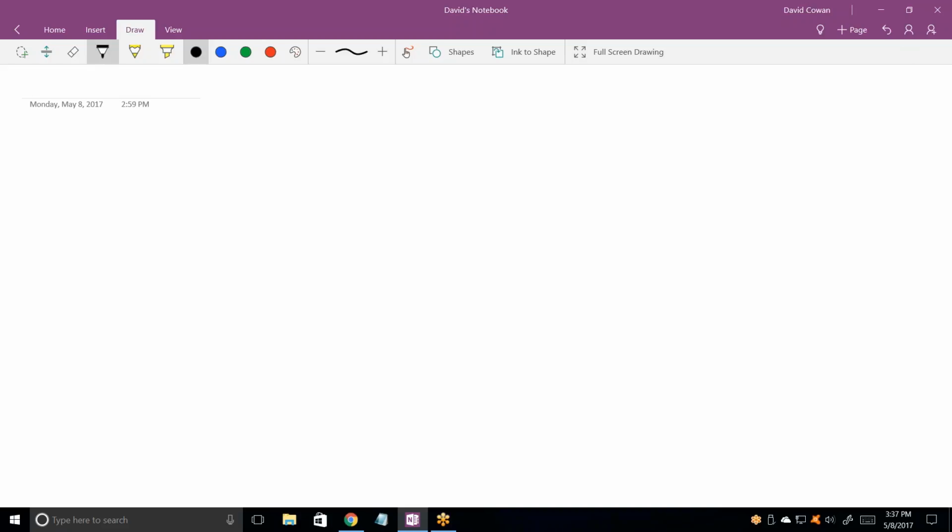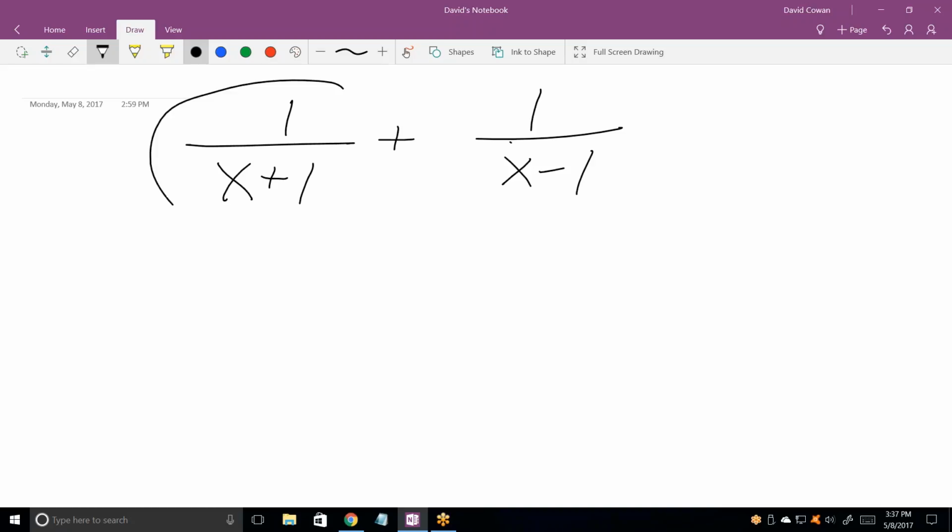In other words, if you can do this problem right here, you can do any algebra problem. It's a question of finding the common denominator, making sure that this fraction is the same with that common denominator, and then operating on it.